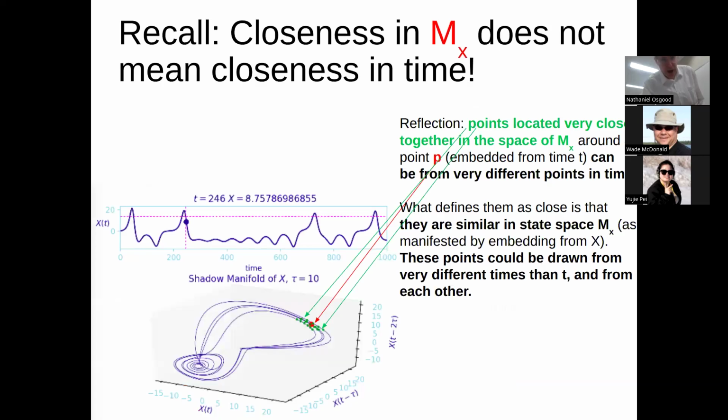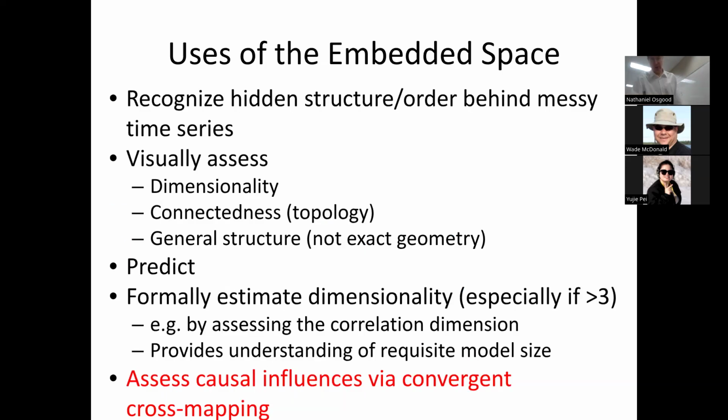Now, one thing I will note that Wade has actually done some wonderful work on is a use of this to actually understand in the world causally what's driving what. I mean, there's a lot of factors in the world that are correlated. One's high when the other's high, or one's high when the other is low, and a lot of science is based on making observations of these correlations.